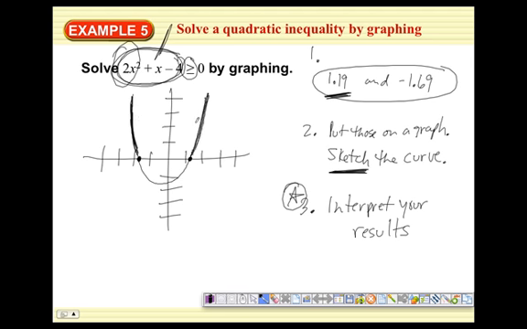No, but that's not what the question's really asking. The question's asking you, what are the x values that make it positive? That's what the question's really asking. What are the x values that make it positive? Can you point to the x values that make it positive? What would make it this part right here? Which x values? These ones? These ones?